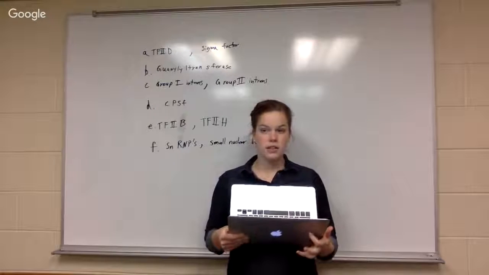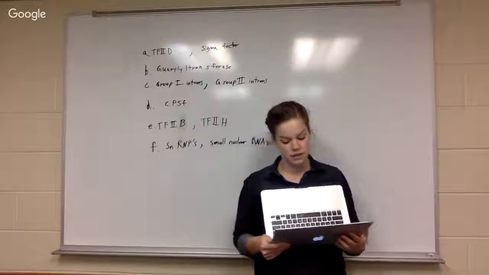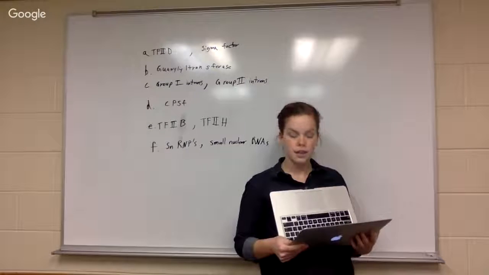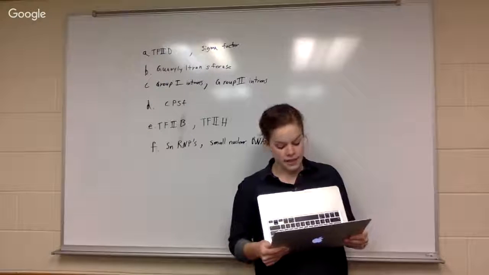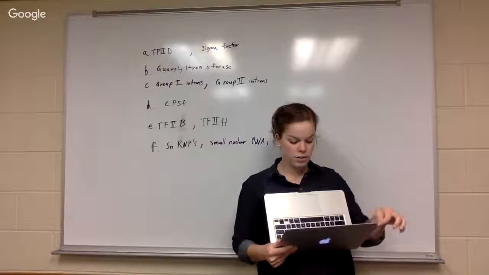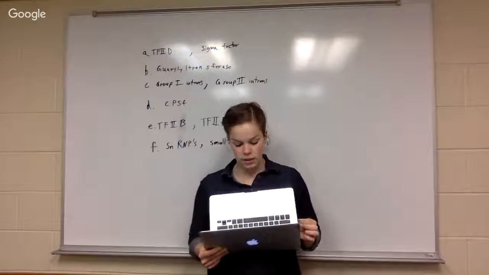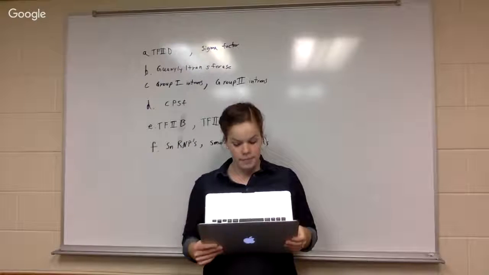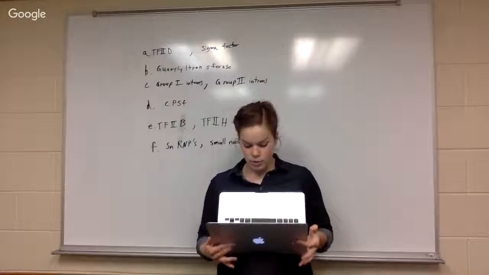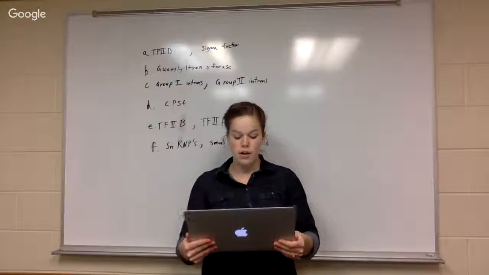The enhancer, silencer, group 1 intron, GC box, TFIID, and snRNP. And then C, which of the above is involved in transcription initiation. We said the enhancer, silencer, -25, -35, the GC box, and the TFIID. Which of the above is involved in transcription termination?